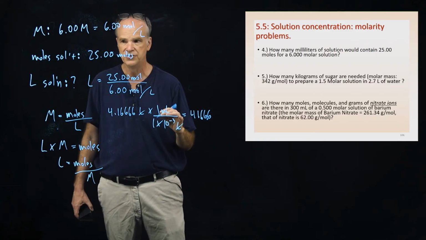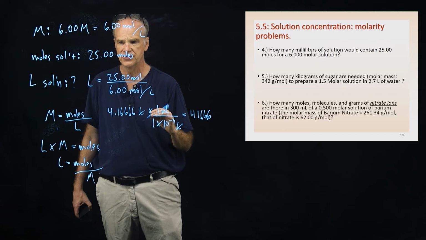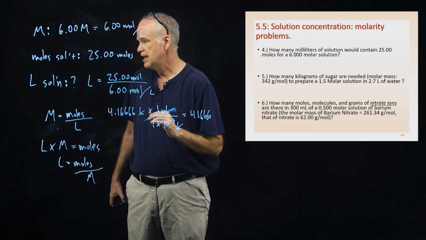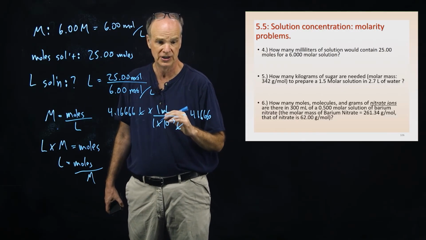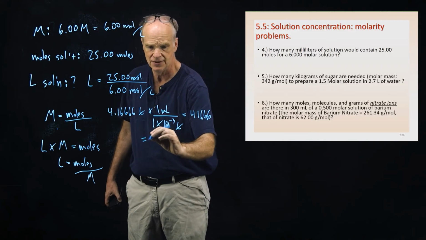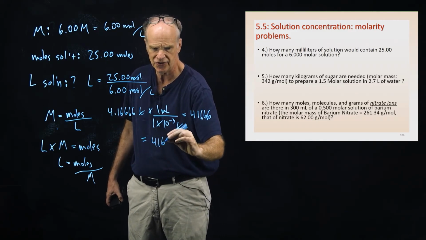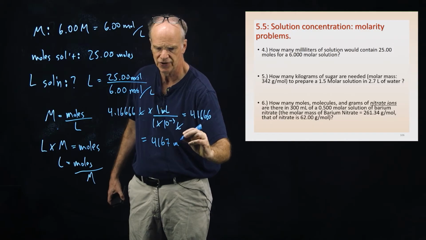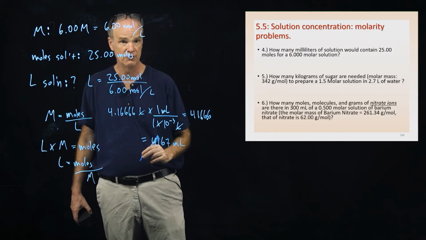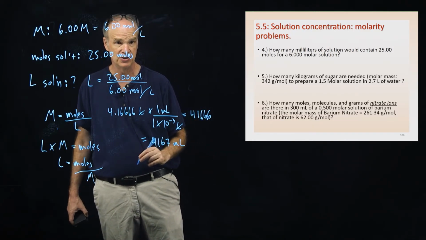But what we want to do is convert this to the correct number of significant figures. It looks like in this problem we have to get things in 4 significant figures. So it's going to be 4167 milliliters is your answer, or 4.167 times 10 to the 3 milliliters should be the answer.